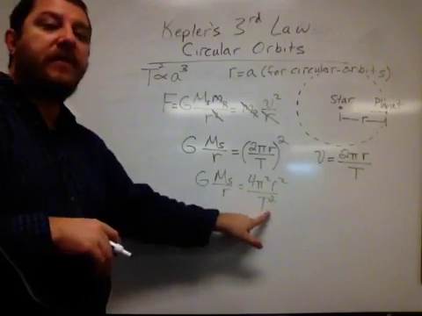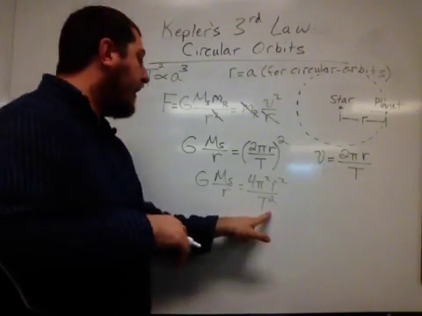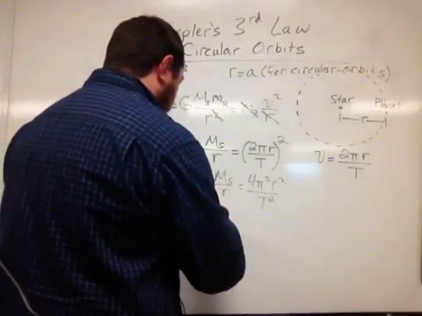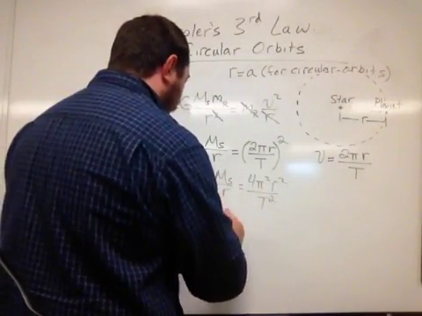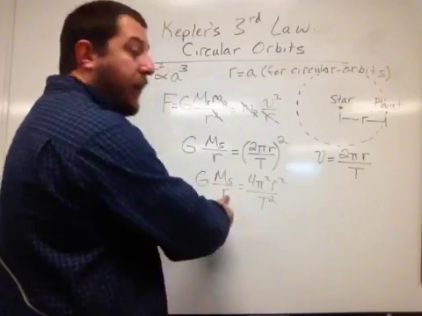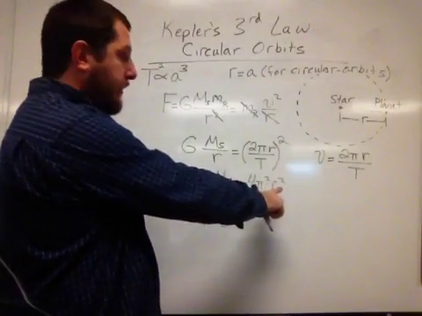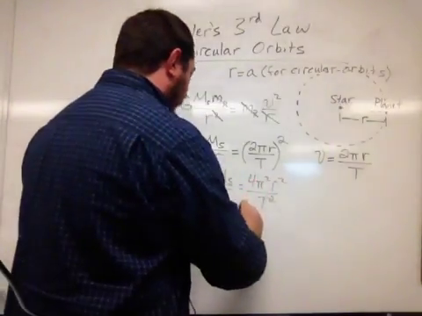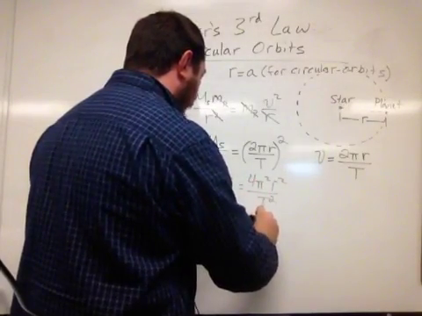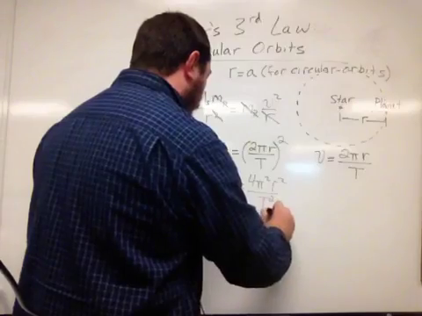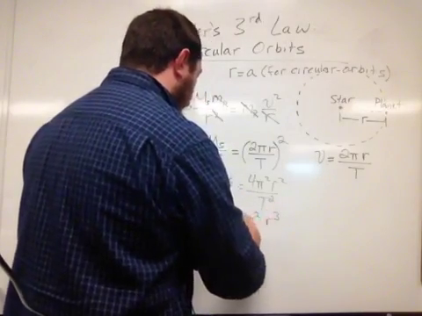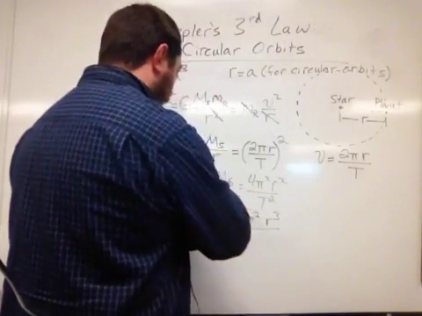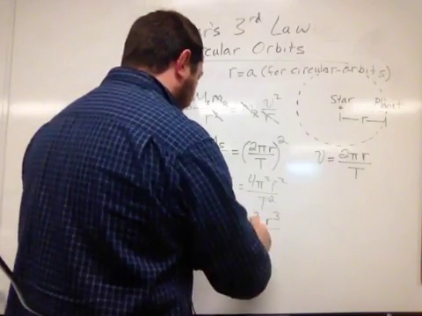And if I solve this equation for T, then what I end up getting is that T squared is equal to, I multiply this r up to this side, and my 4 pi squared stays up top, so this is 4 pi squared times r cubed divided by G and the mass of the star.